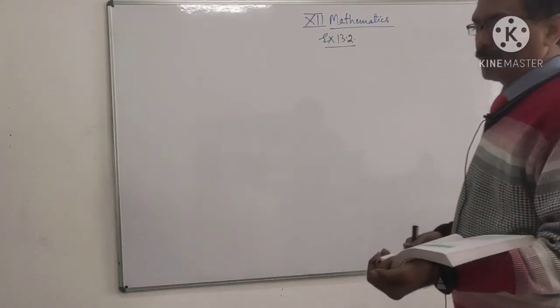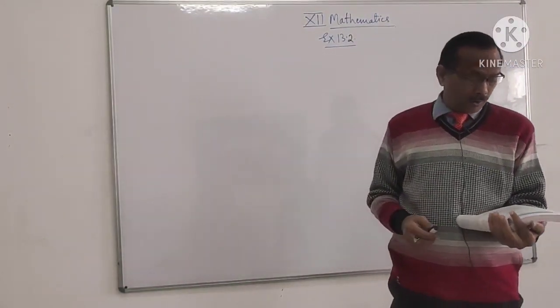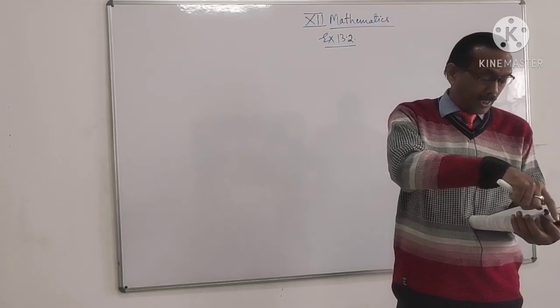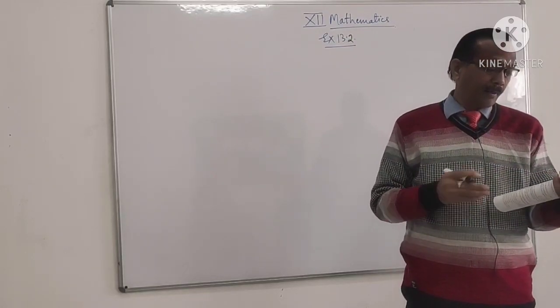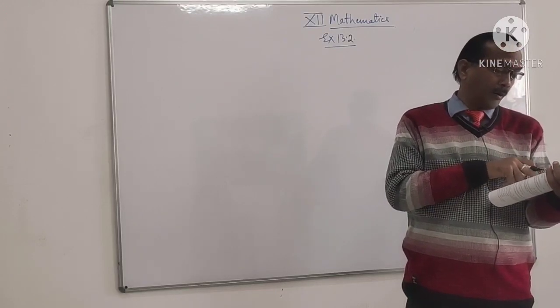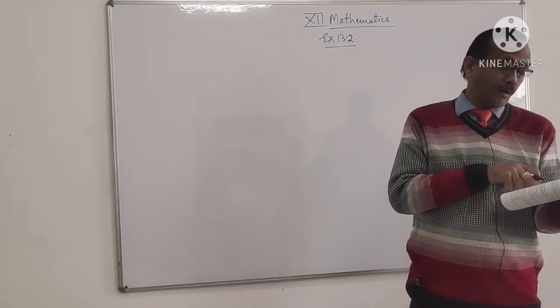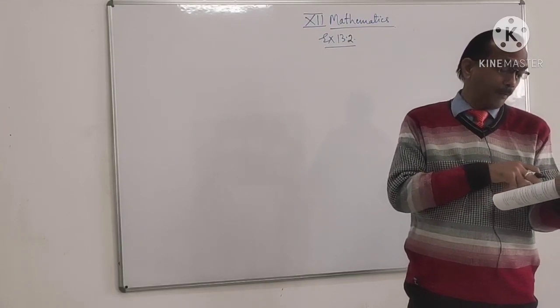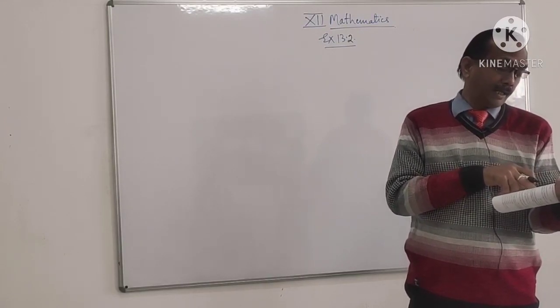Students, now question number 3. A box of oranges is inspected by examining 3 randomly selected oranges drawn without replacement. If all the oranges are good, the box is approved for sale, otherwise it is rejected.